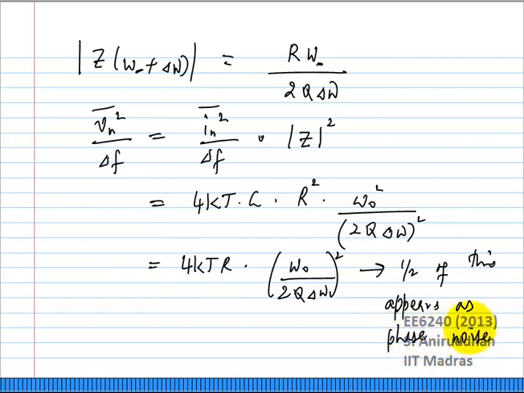So half of this appears as phase noise, and we also know the noise power, so we can compare it to the signal power and go ahead and find out the actual expression for the phase noise itself.